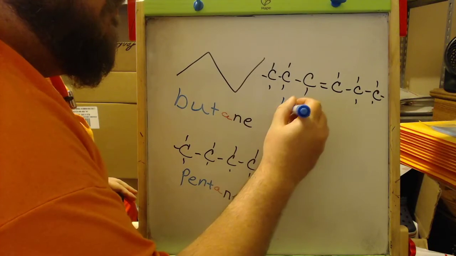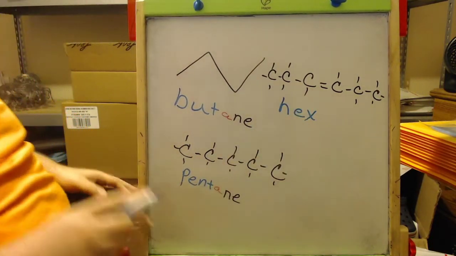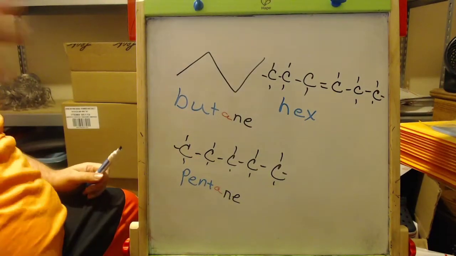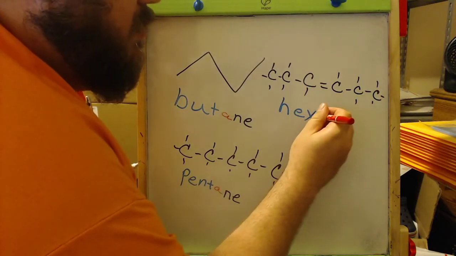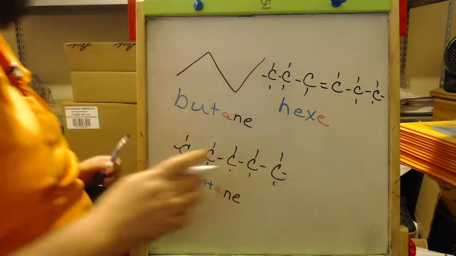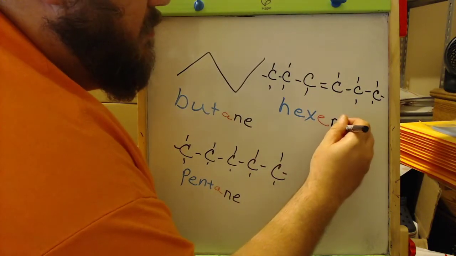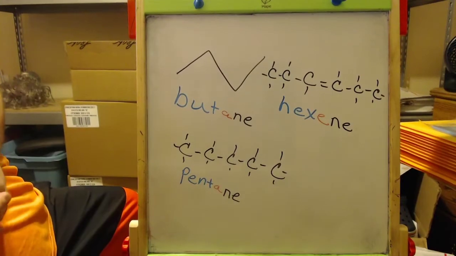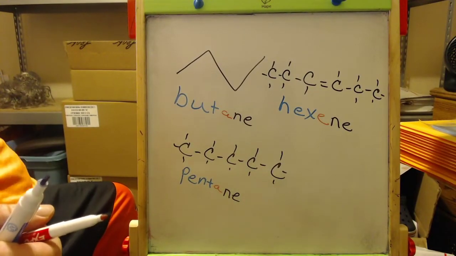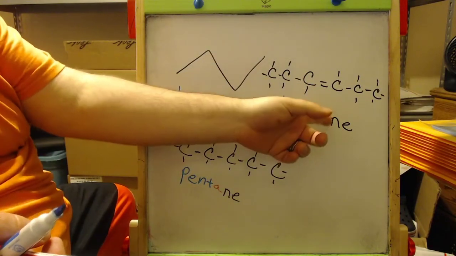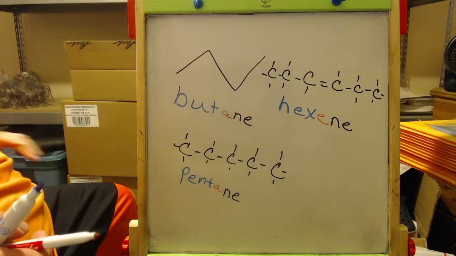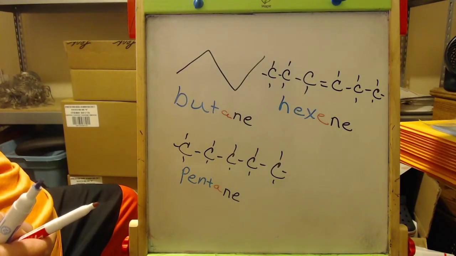Because there's a double bond, it's still hex. I have a double bond, so that middle becomes an E. And since I'm still all hydrocarbons, we'll put that NE ending. The ending is really an E. The middle is really EN, but we'll just stick with the way we are right now.